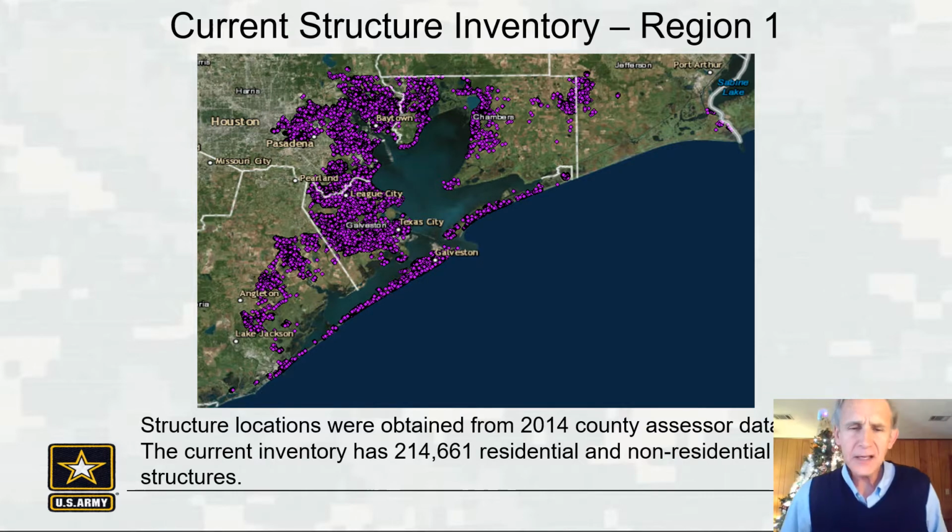So in order to conduct the economic analysis, this is a very large study area. We collected an inventory of over 214,000 residential and non-residential structures, and in the slide you can see the purple dots show the location of those structures between Galveston Bay and all the way up toward the city of Houston.